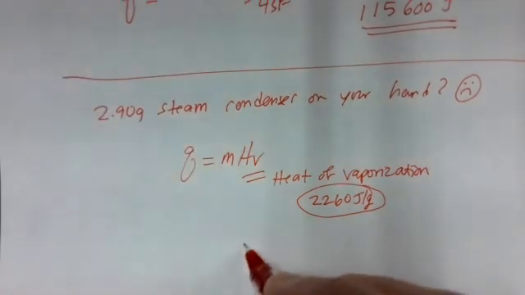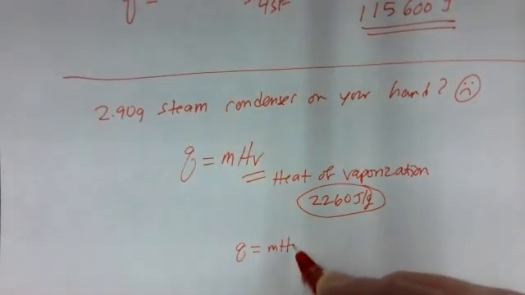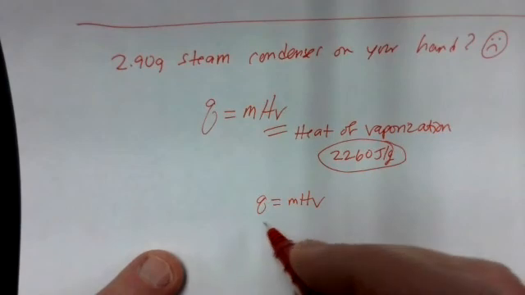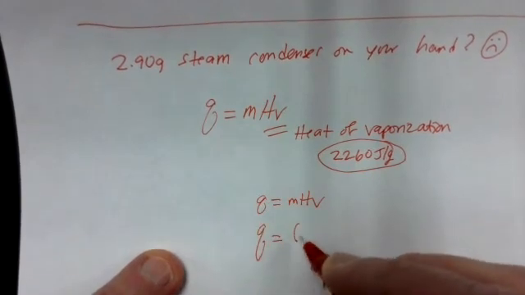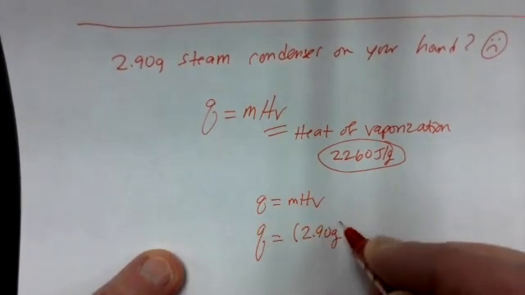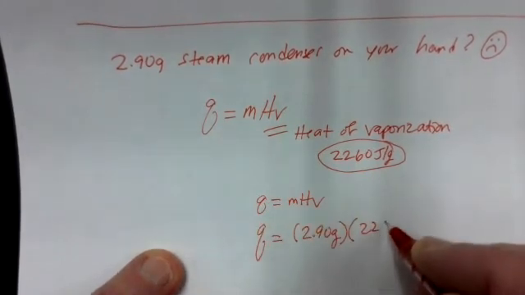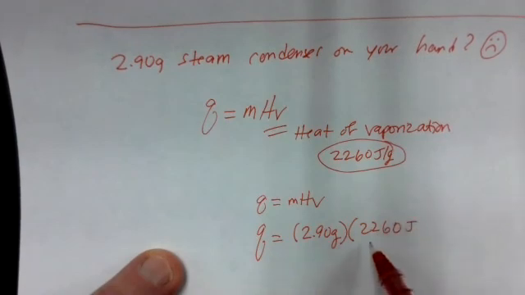So to do this, we write the formula, Q equals mH of V, and the amount of energy Q is going to equal 2.90 grams, and each gram is going to provide 2260 joules per gram.